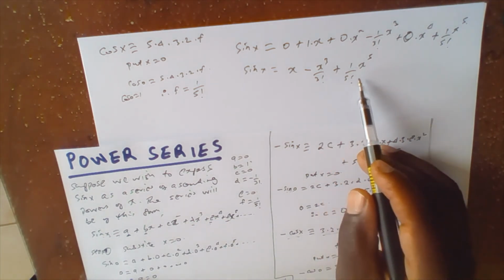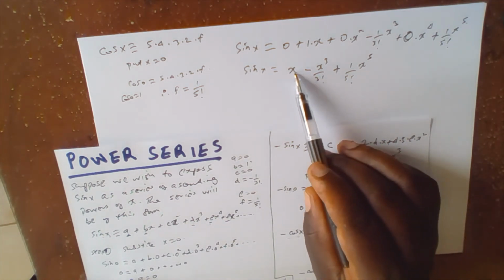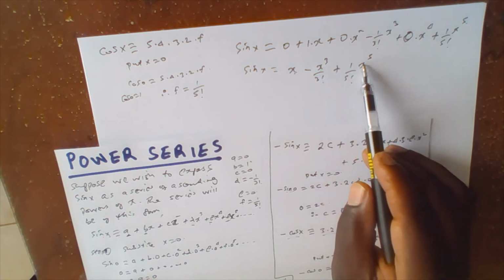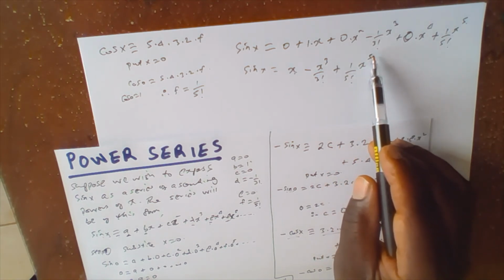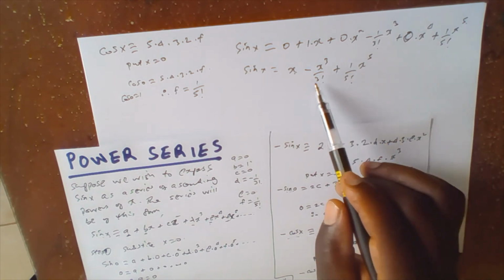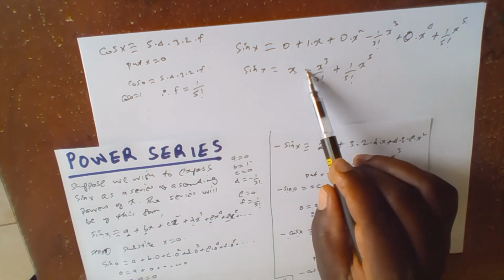So you can see the pattern that x is raised to 1, here x is raised to 3, here x raised to 5. So the powers of x are odd and the signs are alternating. We have negative, positive.